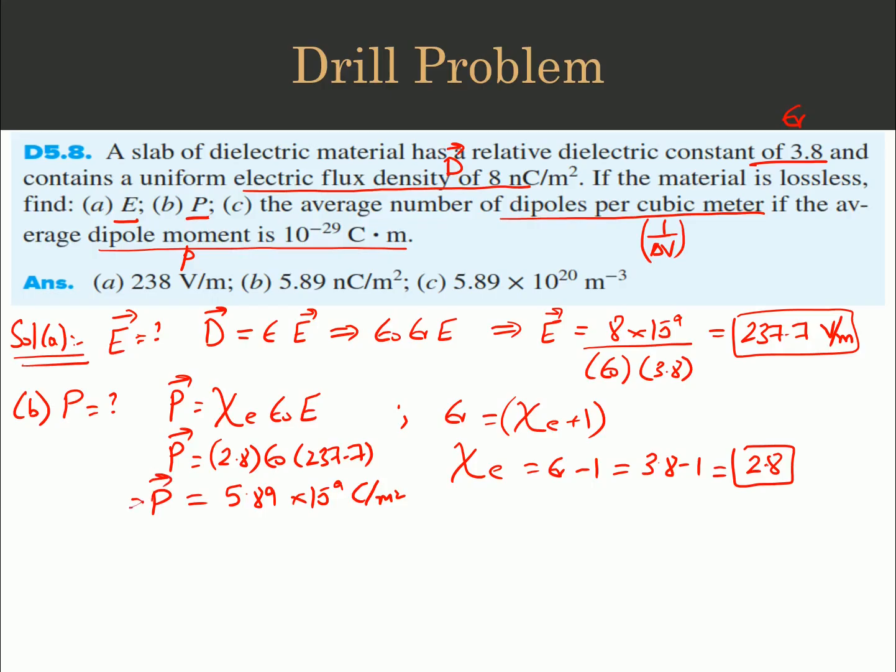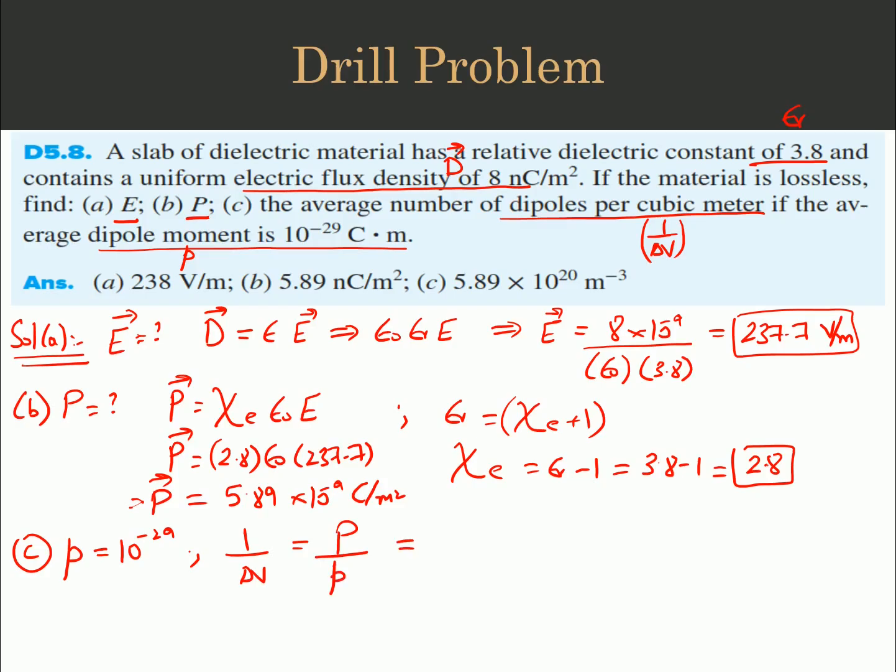And finally, in the third part, we want to find the total number of dipoles per cubic meter. We have been given the value of dipole moment, which is equal to 10 raised to power minus 29. The equation for this is not discussed in the book, but this is for your understanding. It is basically 1 divided by delta V equals polarization divided by the dipole moment.